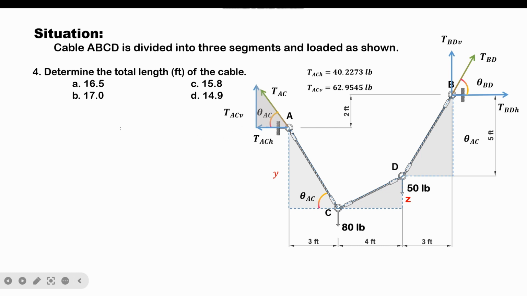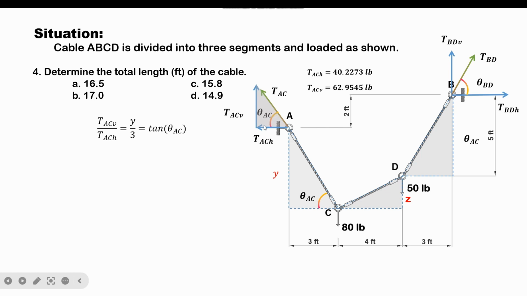So considering the triangle force representation here, TACV is to TACH equal to, from this triangle, Y is to 3. So basically, what we did here is that we computed for the value of tan theta AC from this triangle.